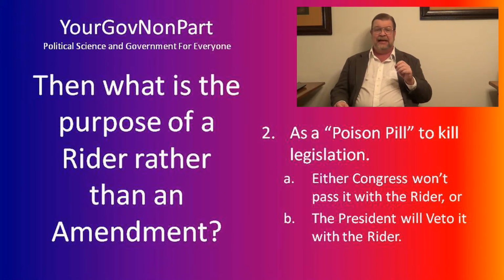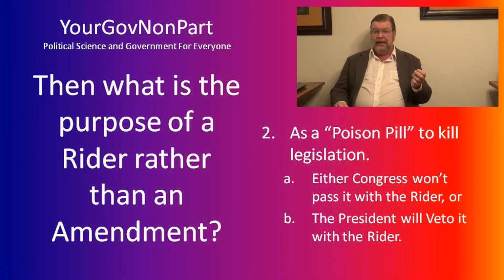The other case where a rider is used is called a poison pill, and this is something that's designed to kill a piece of legislation. It's usually attached as a rider to a less important piece of legislation, but one that is maybe not popular or has only popularity in one party and not the other. Say, for example, the majority party puts forth a piece of legislation which is very unpopular with the minority in the House and the Senate.